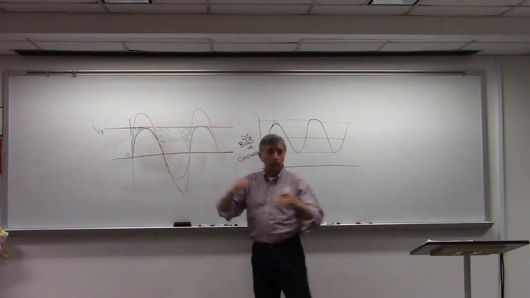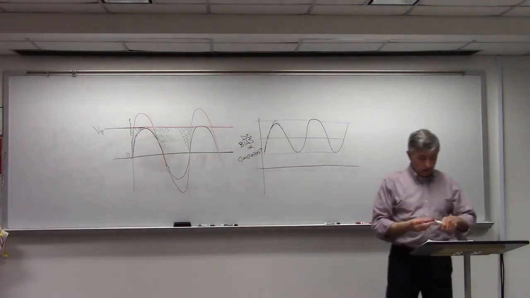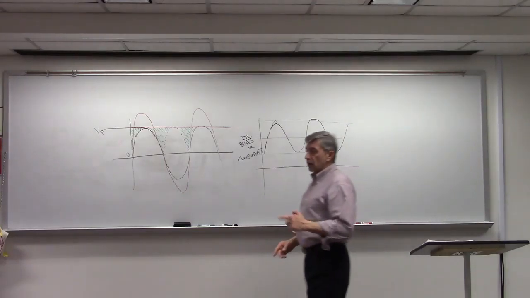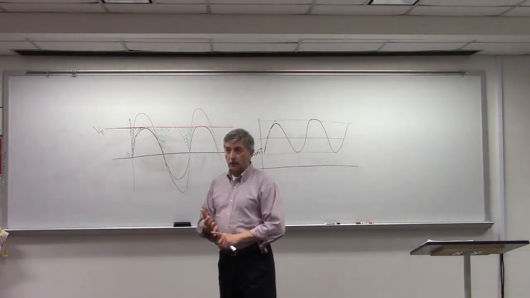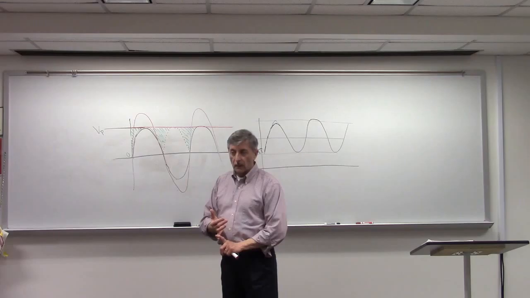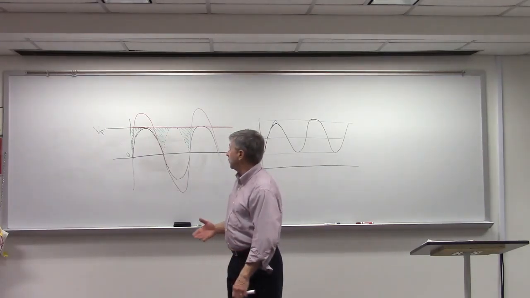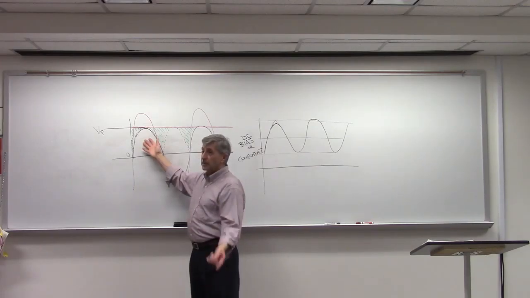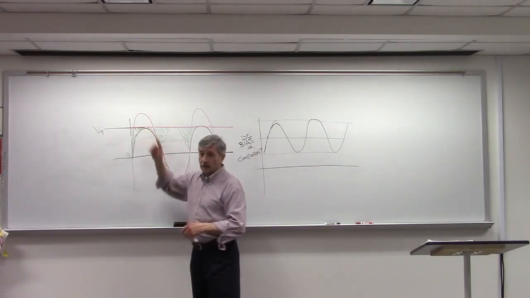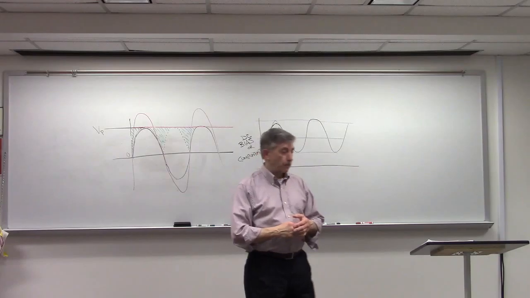So those two would be equal. And the RMS value, the root mean square value of an alternating current wave, is that value of alternating current which produces the same power as a DC source.